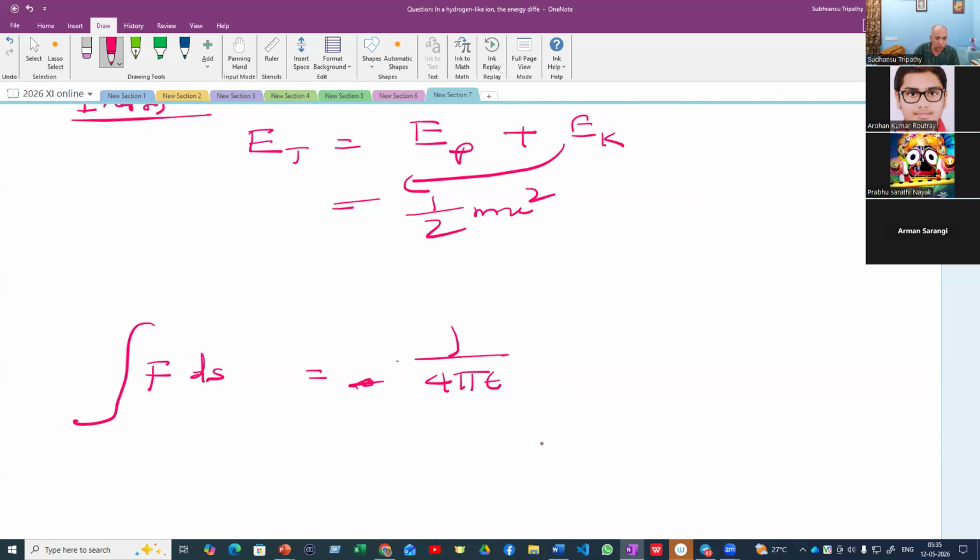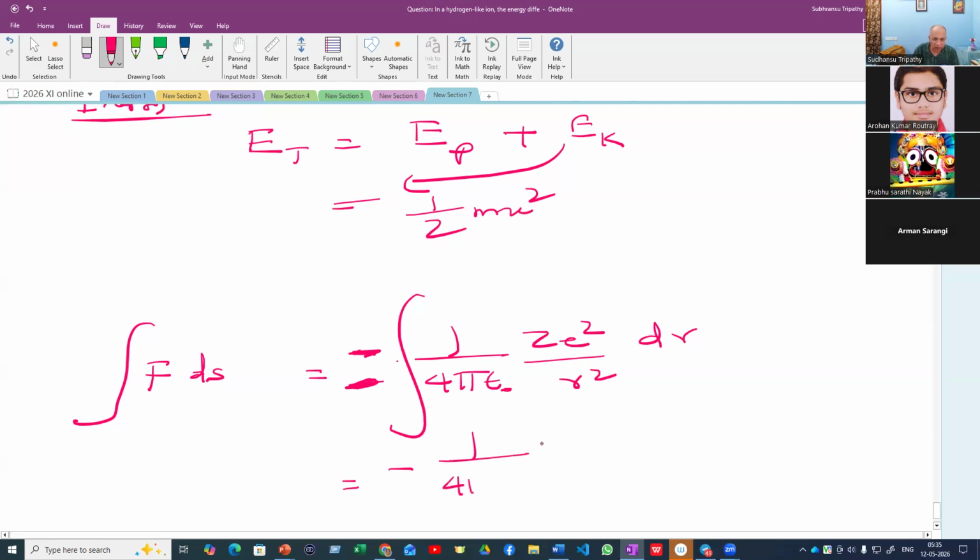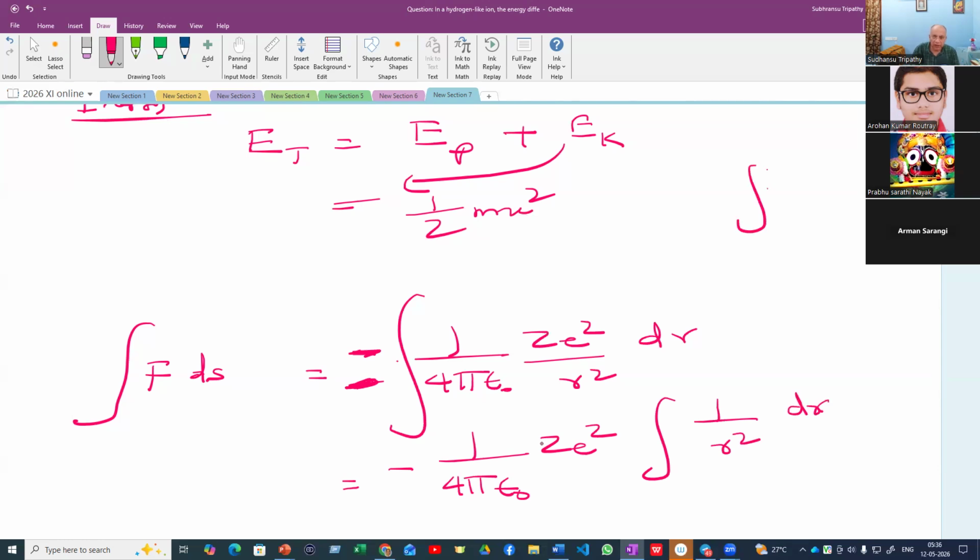So this is z square by r square into dr. So if you integrate this, minus and minus will become plus. If we take the constant term outside, z square, it will be merely 1 by r square into dr. We have studied that integration of x to the power n dx is equal to x to the power n plus 1 by n plus 1.